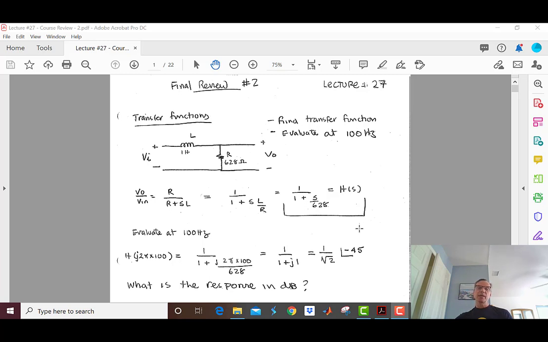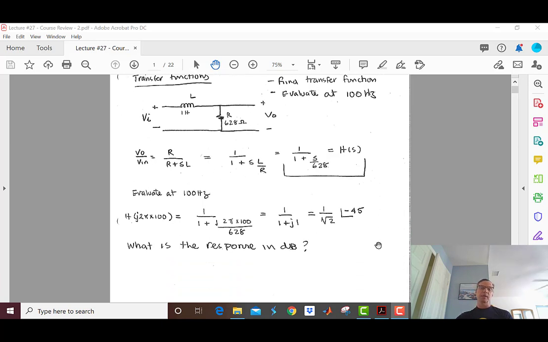What this reiterates is that at the pole frequency, the magnitude of the transfer function is 0.707, or 3 dB down, right? 20 times the log of 0.707 is going to be minus 3, and the angle is minus 45 degrees, all things that we used when we made Bode plots.